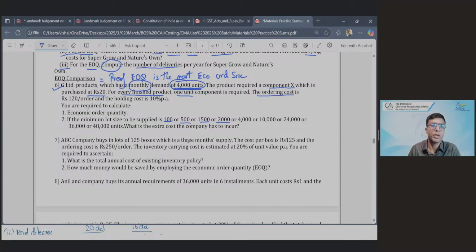Now, the ordering cost is rupees 120 per order. Holding cost is 10%. We will immediately multiply it by the purchase price given, which is 20 rupees, so that we get our per unit per annum carrying cost. What is the requirement? They want you to find out the EOQ. So students, do the calculation.